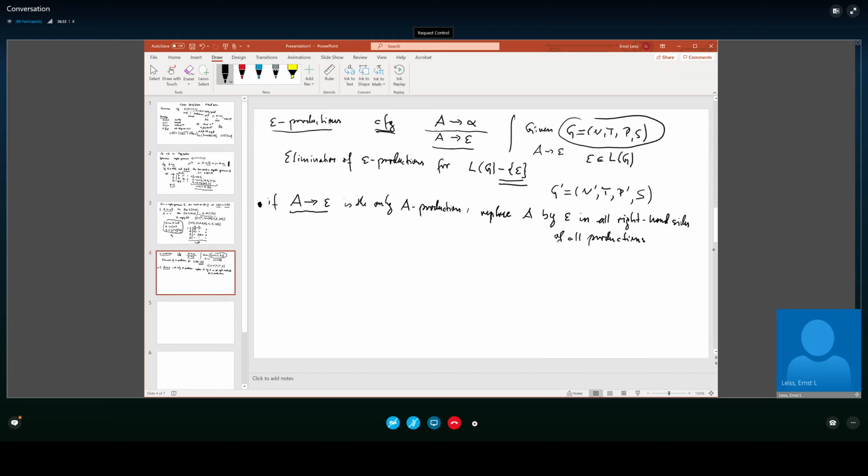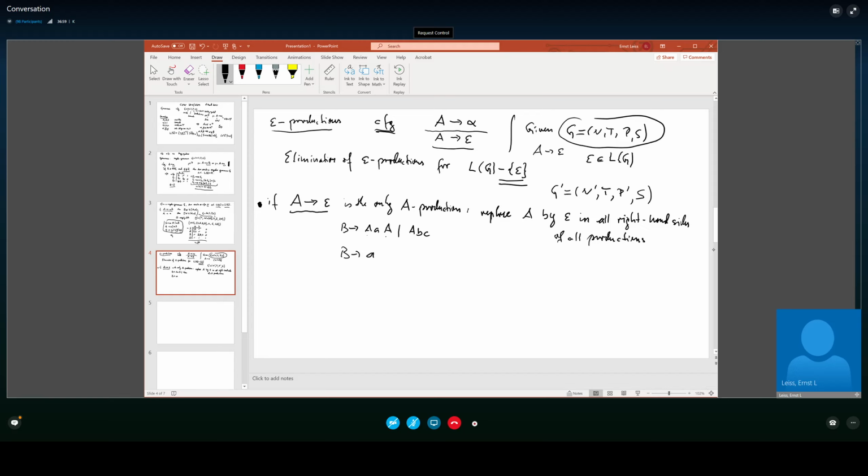So if I have B goes to A or A, B, C, then I'm going to replace that by B goes to little a, because there are these two capital A's that eventually will have to be removed.